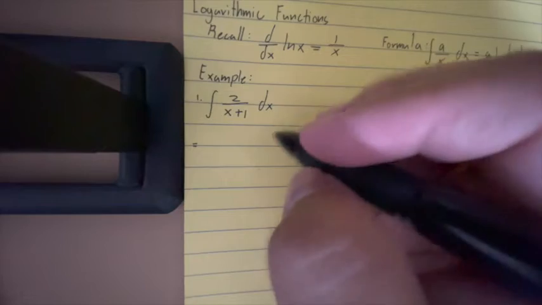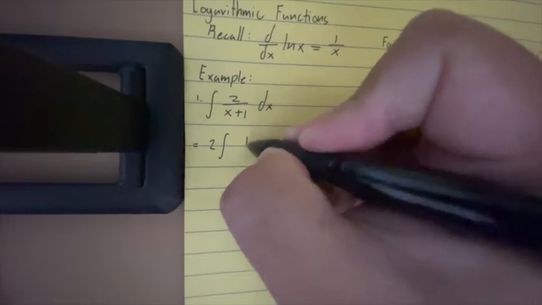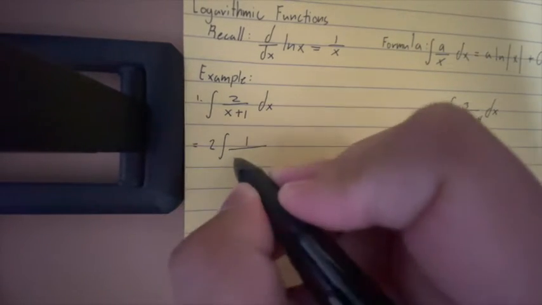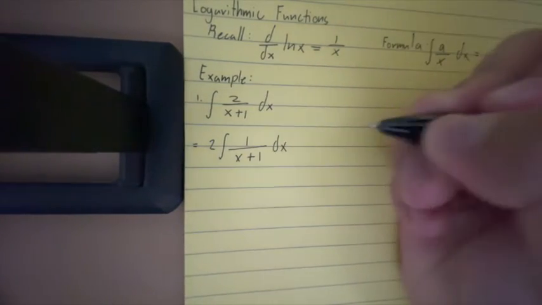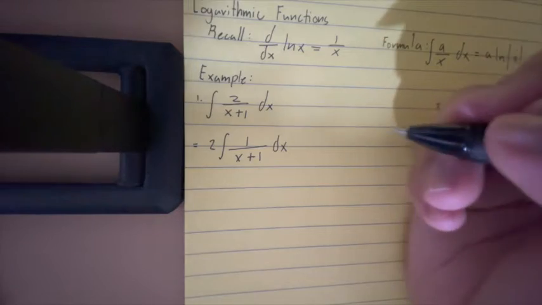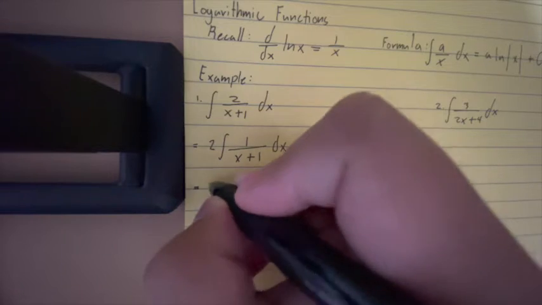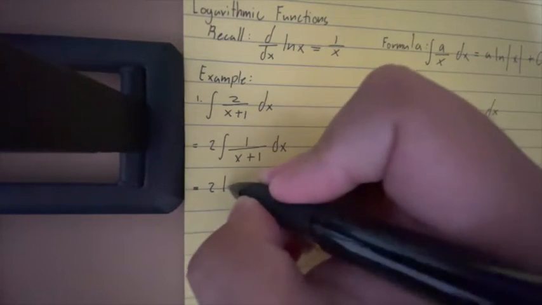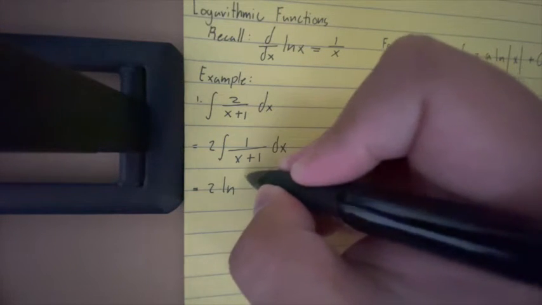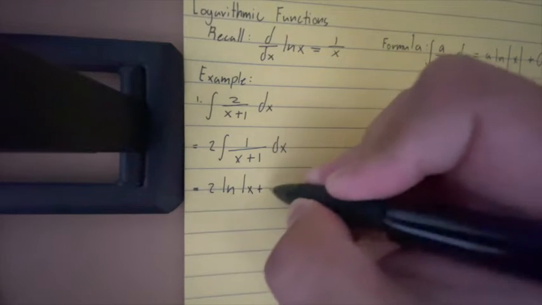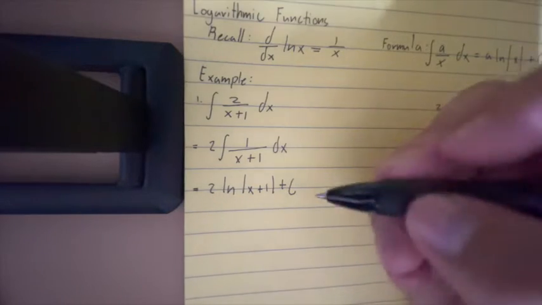We're going to put the constant 2, the integral of 1 over x plus 1 dx. The next is 2 ln the absolute value of x plus 1 and add the constant. This is your final answer.